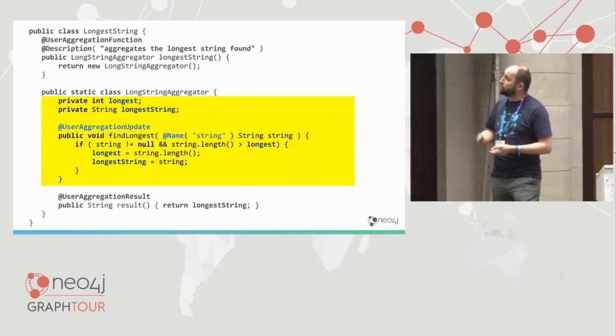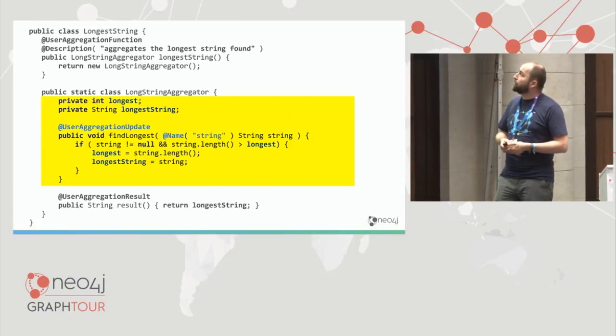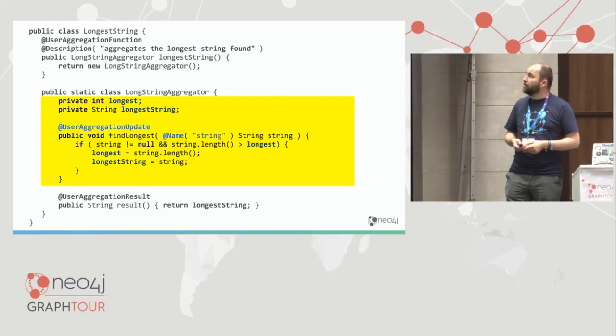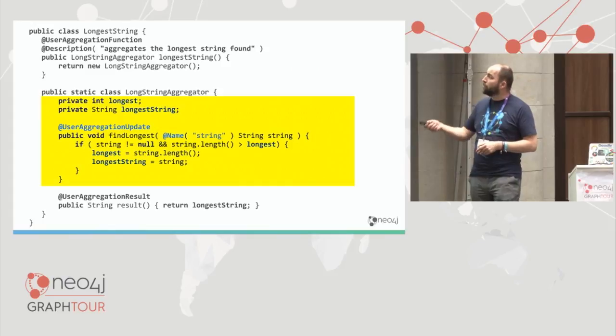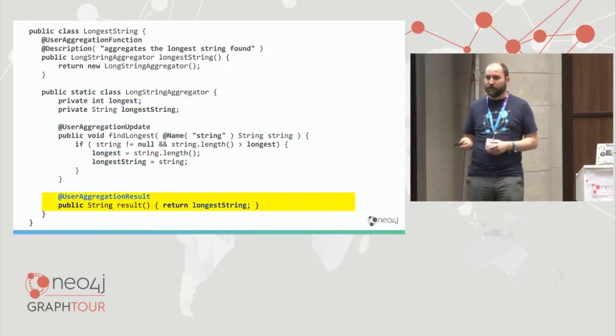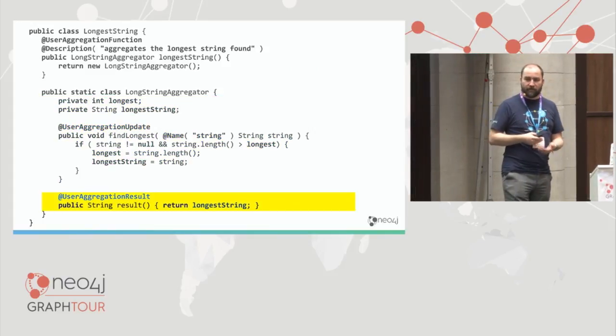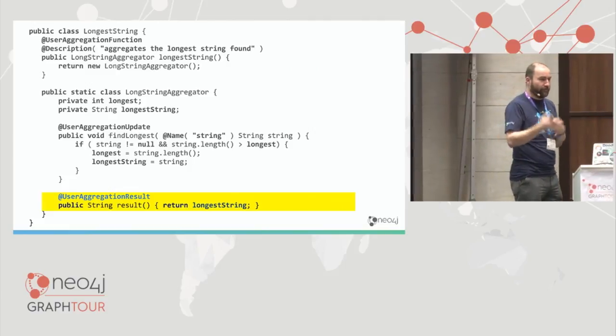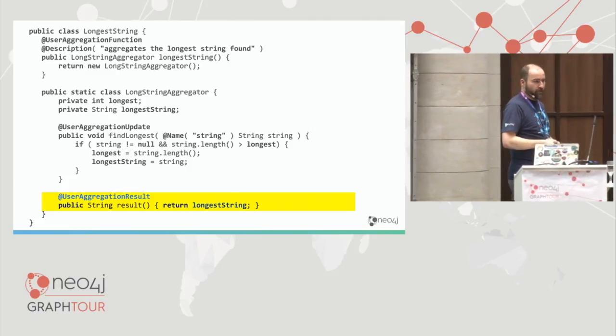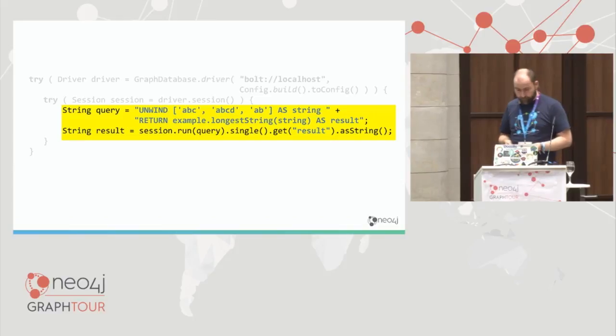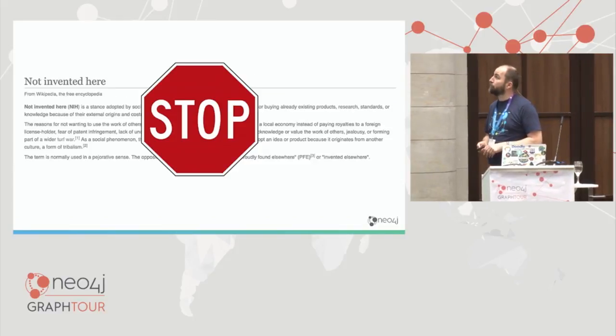In this case, it just compares the length of the string with the stored length, and only updates that internal string if the current string is longer. And then it's just a getter method that returns the data. And you can easily imagine that with this kind of basic building block, you can implement any kind of aggregation function, even really complex ones. And you call them, again, from Bolt.